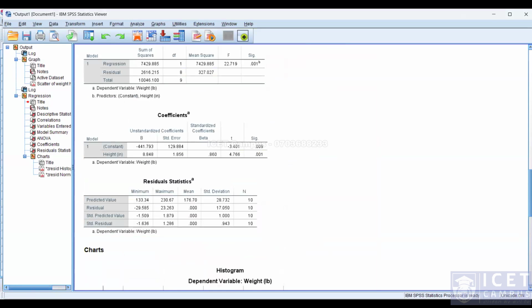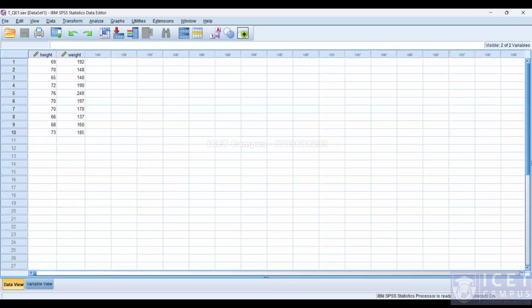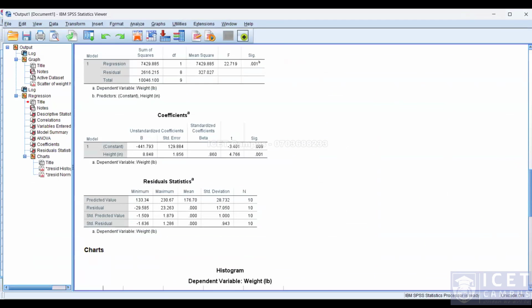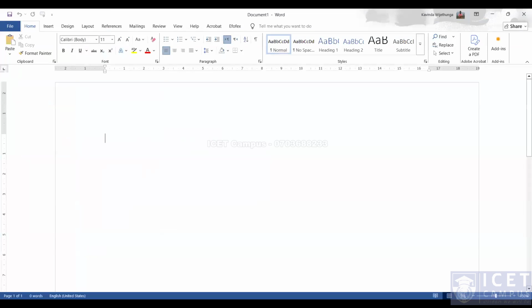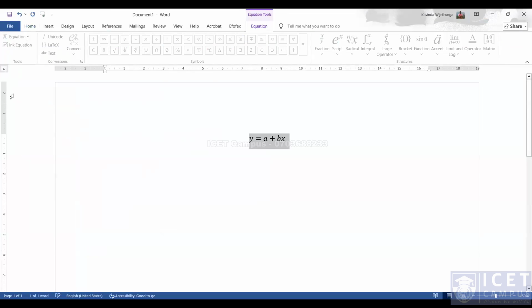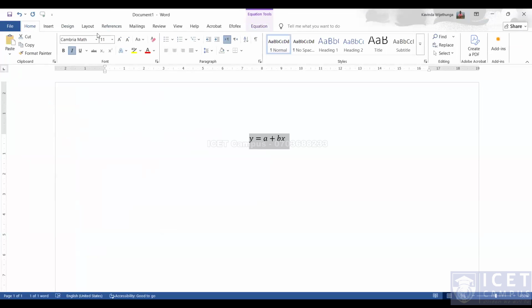So then we can write the regression equation here. By looking at the coefficient table, we can write the regression equation: y equals a plus bx. That is the formula.